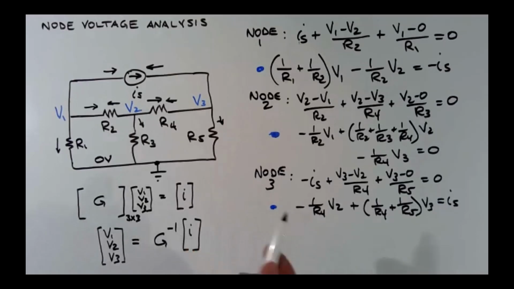So this is 3 by 3 times 3 by 1. This is how I solve this problem. You're welcome to do that. This is easy to do in MATLAB. This is easy to do if you have an equation solver on your calculator, and that's one way to do it. Otherwise, you can plug and chug, or you can enter this into an equation solver.